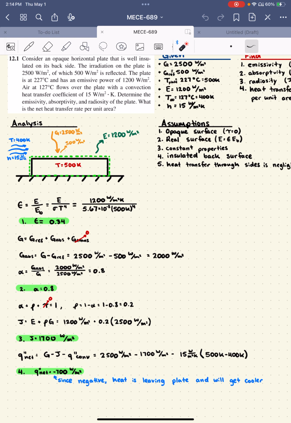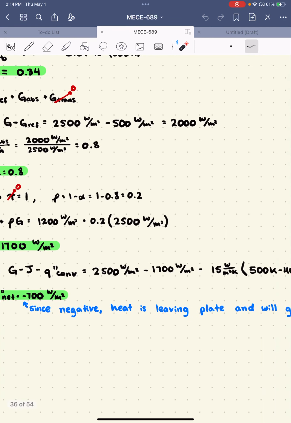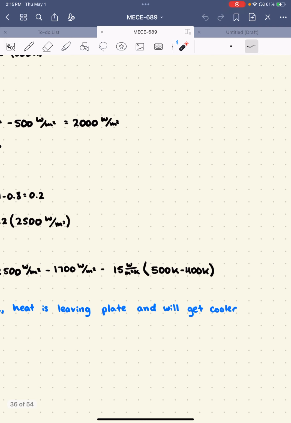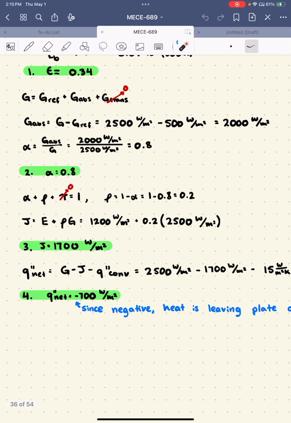We have all of these variables here, so we plug that in, solving for the convection, which is just equal to the convection coefficient times the difference of temperatures, and we get a q double prime net of negative 700 watts per meter squared.